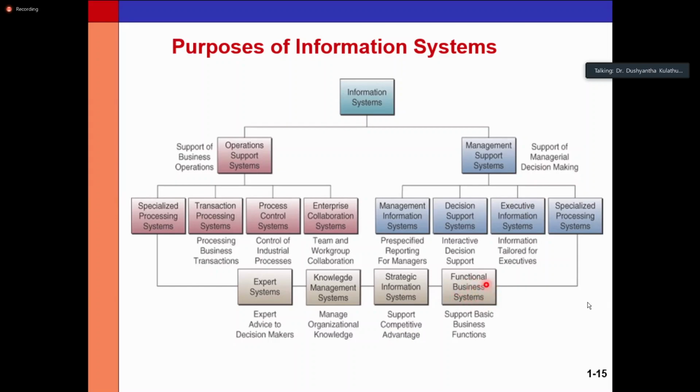Sales and marketing may have specific applications or information systems running within that function. The production function can also have specific information systems. Likewise, the organization's different functions may have their own information systems catering to their specific needs.